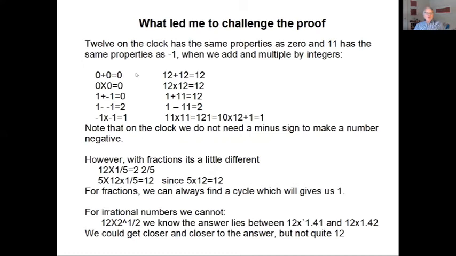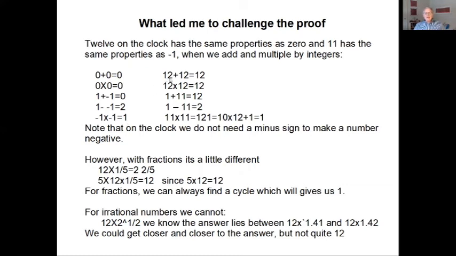Okay, and so what we know is that 0 added to itself is 0, 0 times 0 is 0, 0 added to its inverse gives me 0, a negative number subtracted from another number is added, and a negative number times a negative number is a positive number. So remember, we're talking about 12.